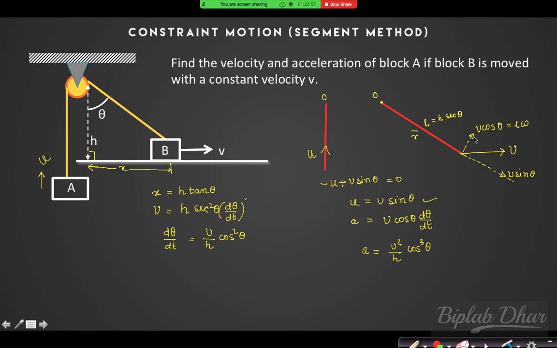Can this component of the velocity change the length of the radius vector? No. So V cos theta is changing only the direction of this radius vector. That is why I can say V cos theta is equal to L into omega. It's not acceleration, I'm talking about velocity. So the linear velocity and angular velocity relation is what we have used.